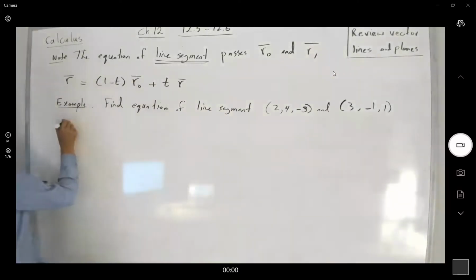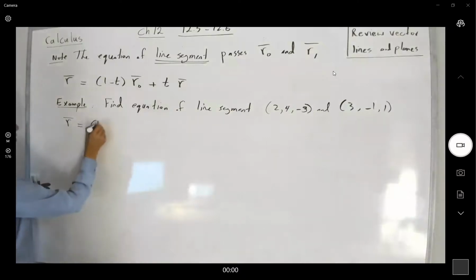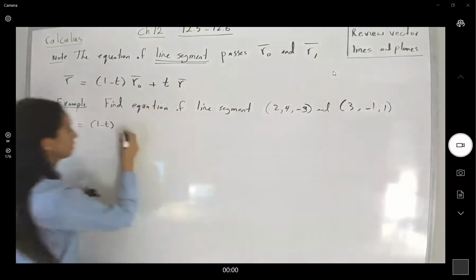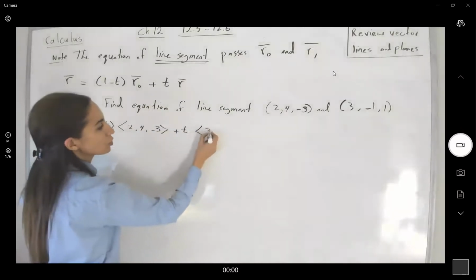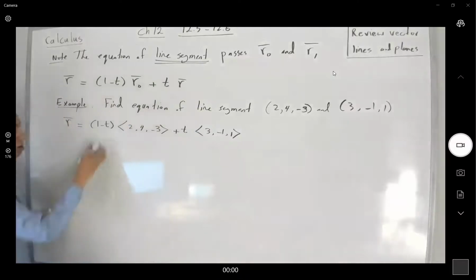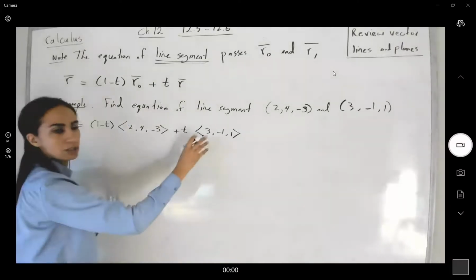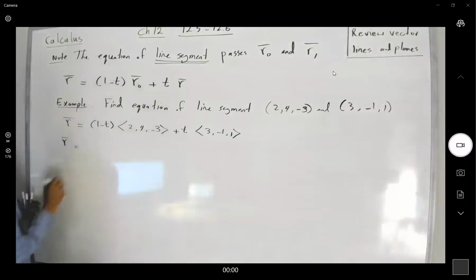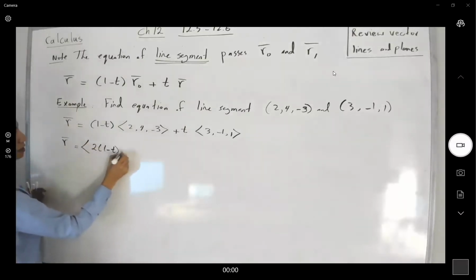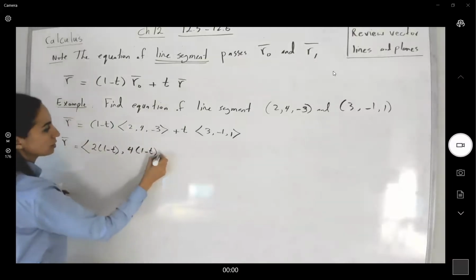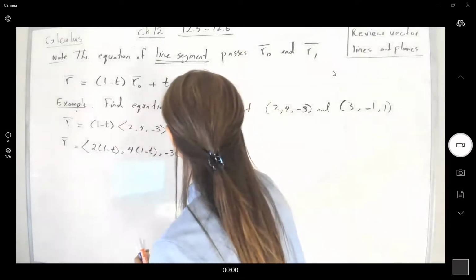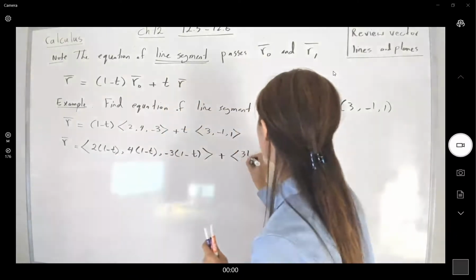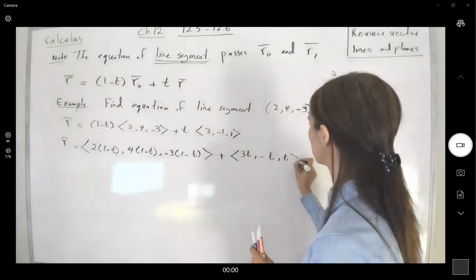And this r is equal to (1 minus t) times the initial point, now as a vector, 2, 4, negative 3, plus t times 3, negative 1, and 1. So we distribute 1 minus t, we distribute t, and then write the equation of this line segment. So you have 2 times (1 minus t), comma, 4 times (1 minus t), comma, negative 3 times (1 minus t), plus 3t, negative t, and t.